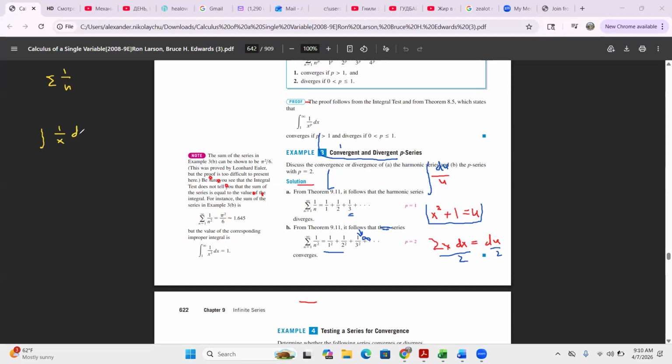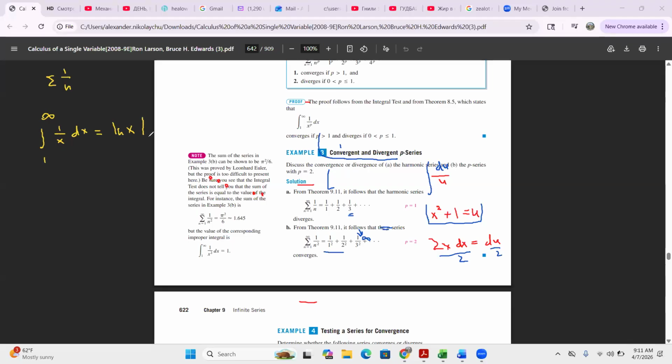The derivative of ln is 1 over x, and the antiderivative of 1 over x is ln. So it's going to be ln of x. And you say, Alex, this is the absolute value of x. Yes, but since our integral is taken from 1 to infinity, the problem with the domain is not going to appear.